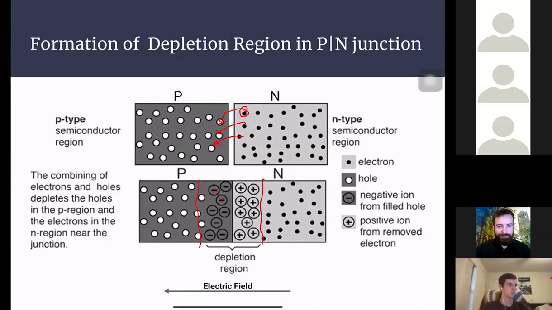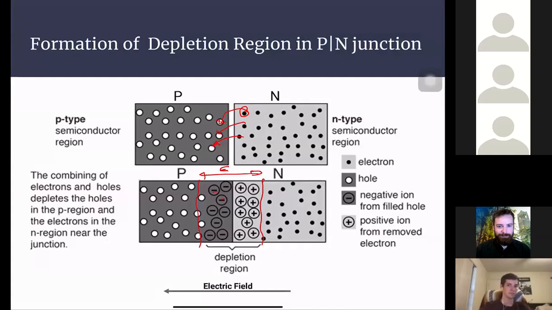When charges are separated by space, a potential develops, and a potential means there is an electric field here. We have not connected this device to an external battery source or anything. This is a fixed region depending on the amount of doping we have. So this is called a depletion region.